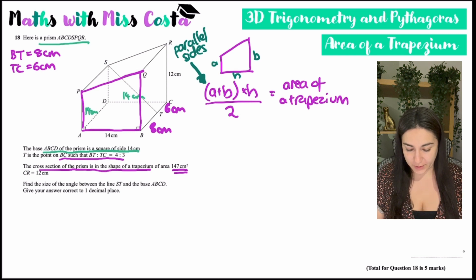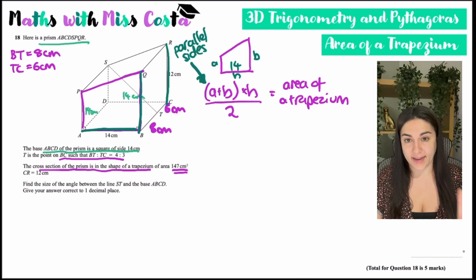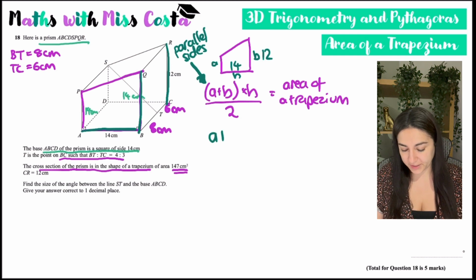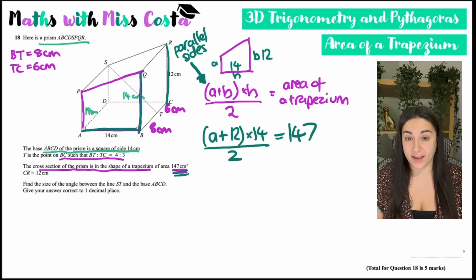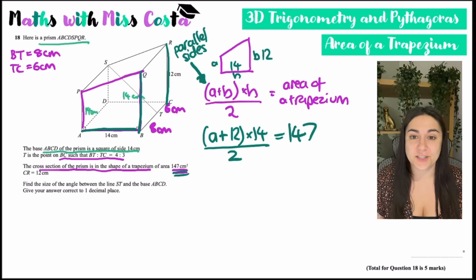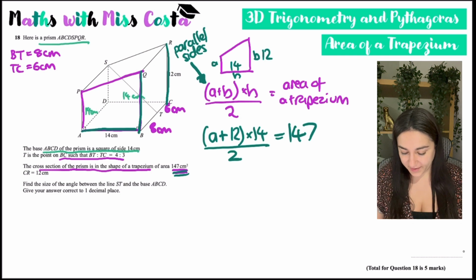So I know the value of h is 14 because I'm told it here. I know that this length, QB, must be equal to this length as they are on the same solid. So that must be 12 centimeters, and I don't know what a is. So I could substitute my values in. (a plus 12) times 14 divided by 2 must equal 147 because I'm told that area over here. Now all I need to do is rearrange it to make a the subject of the formula to figure out what that missing length is.